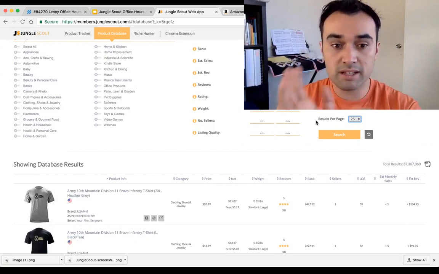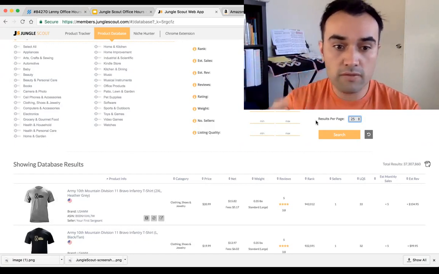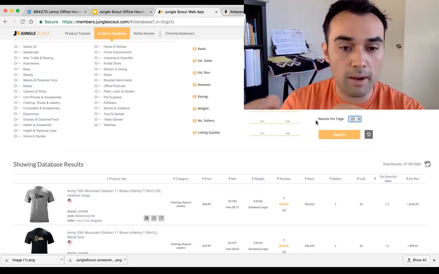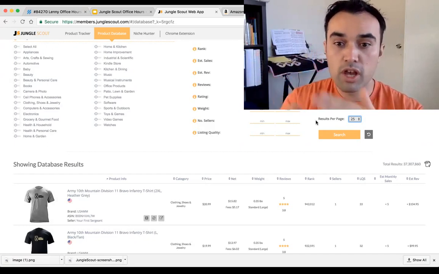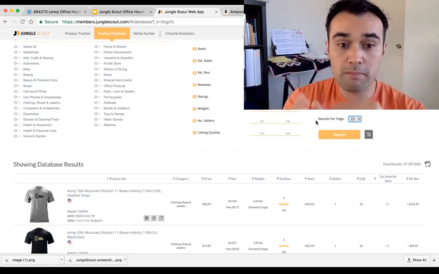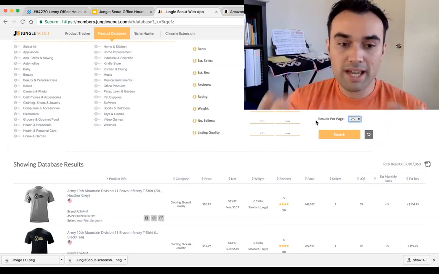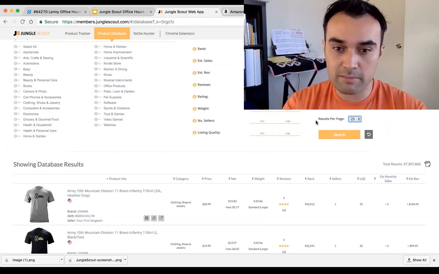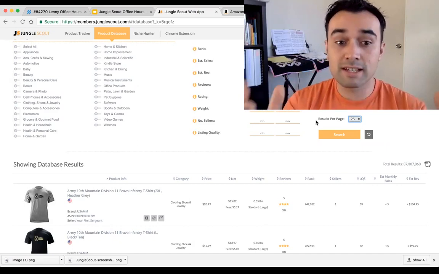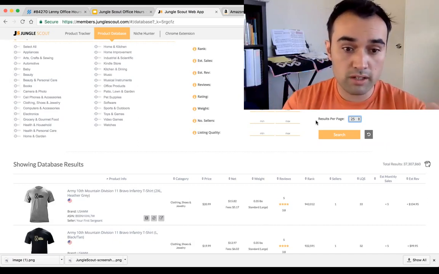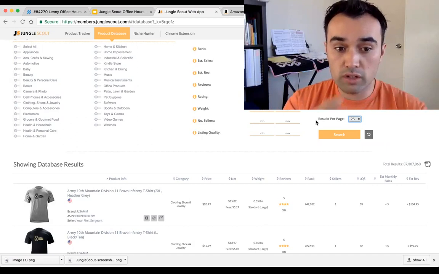It's a few percent either side of the actual sales. So we're within a very close margin of what the actual sales are. We can't guarantee it. They are estimates. Amazon doesn't give out the sales data of any products, so we have to put in a lot of work to try to figure out what the sales are.